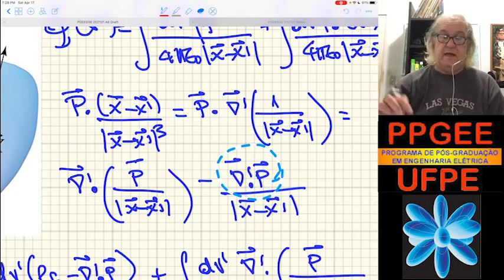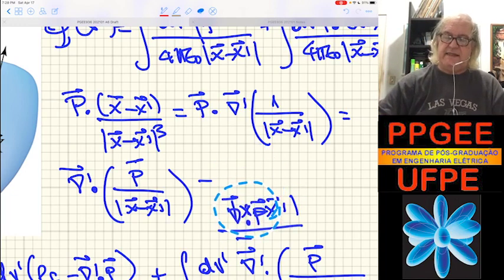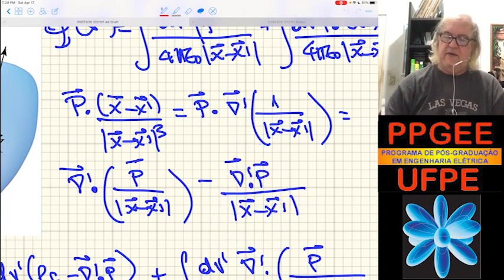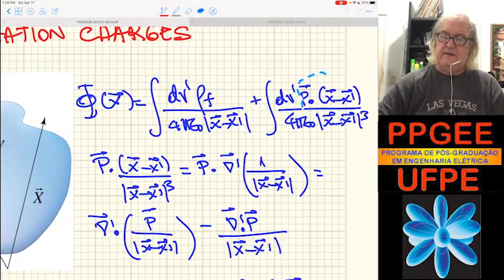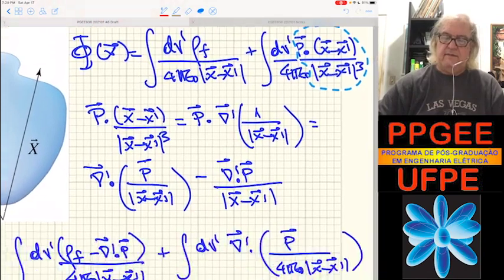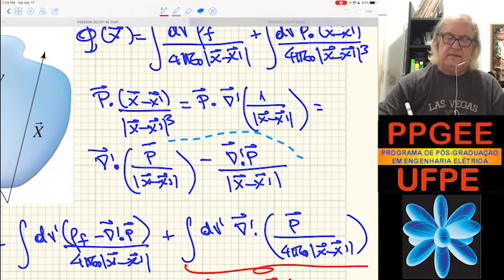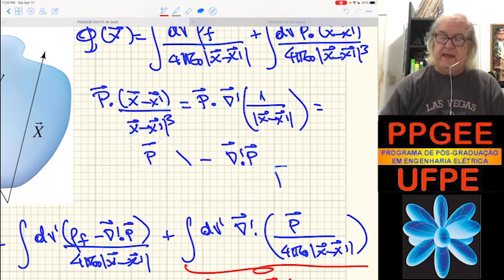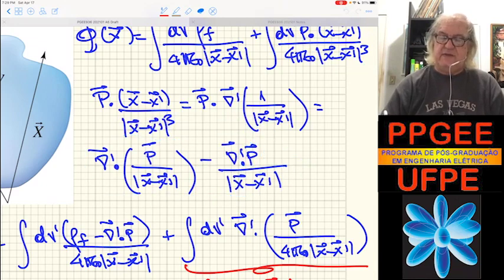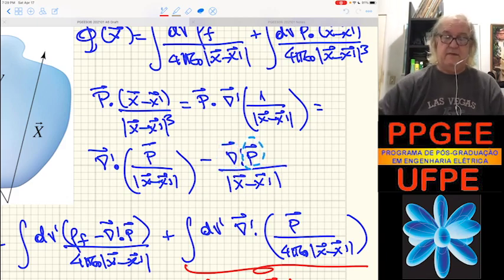So we are replacing this term here by those two here. And recall that P is a vector that depends on x prime, so this derivative is directly on P.